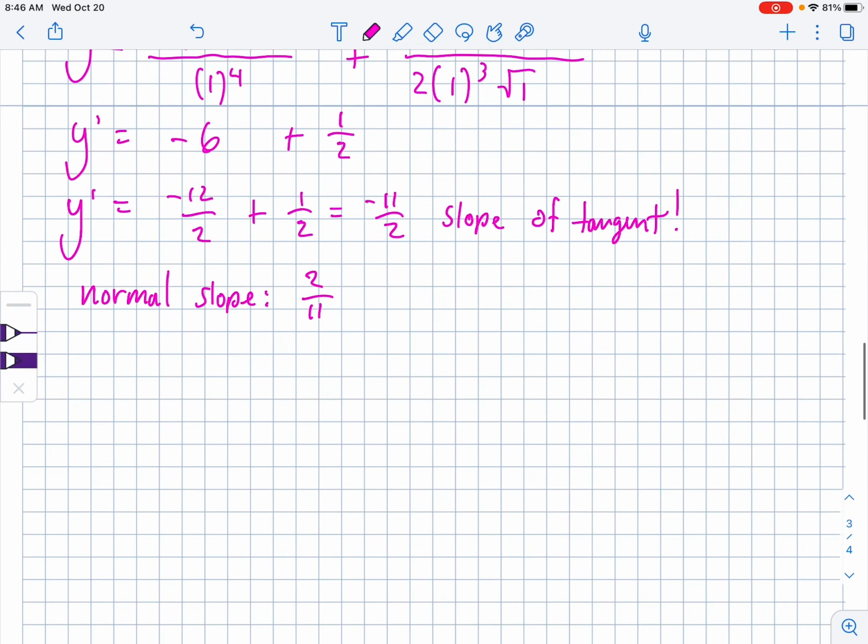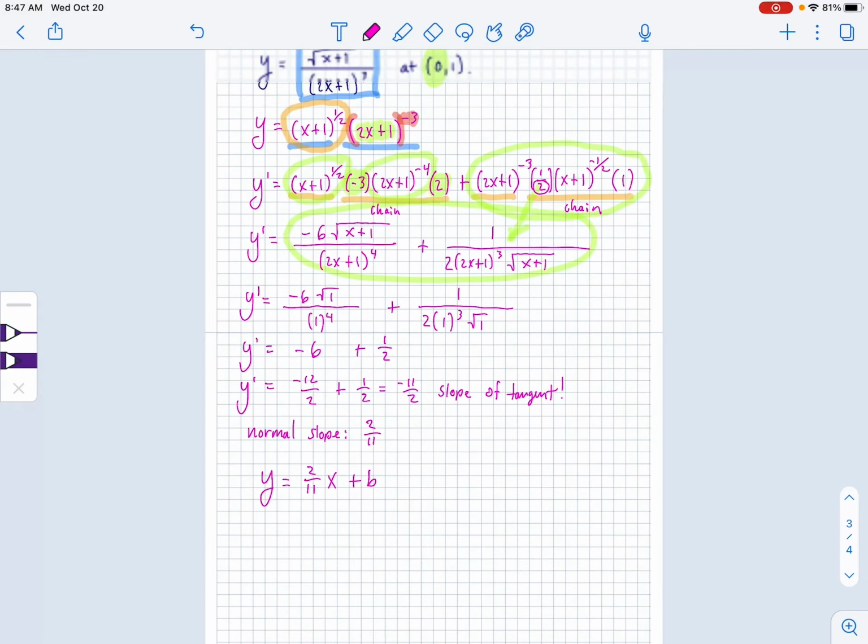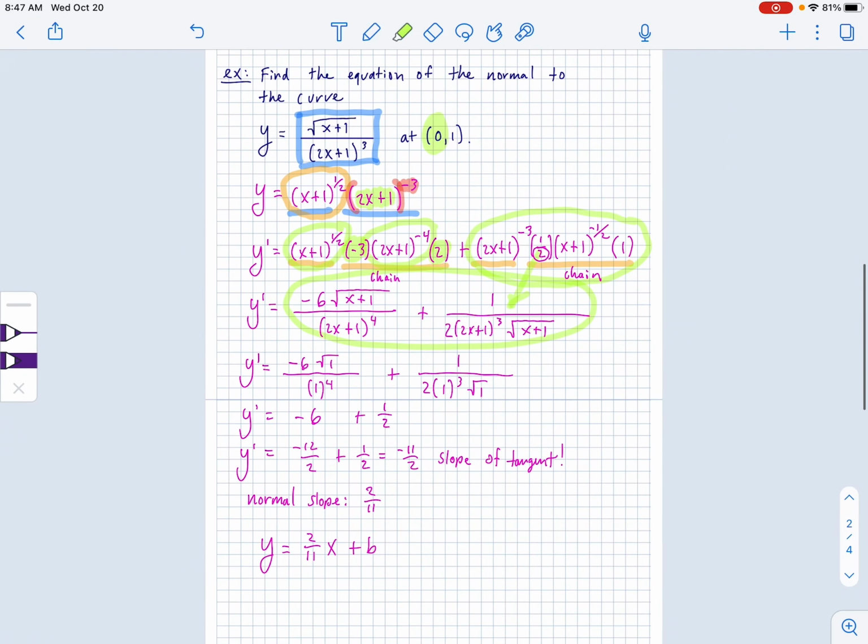To find the slope of the normal, you take the negative reciprocal of that. So the normal slope is 2/11, which means the equation of our normal is y equals mx plus b, where it's y equals 2/11 x plus b.